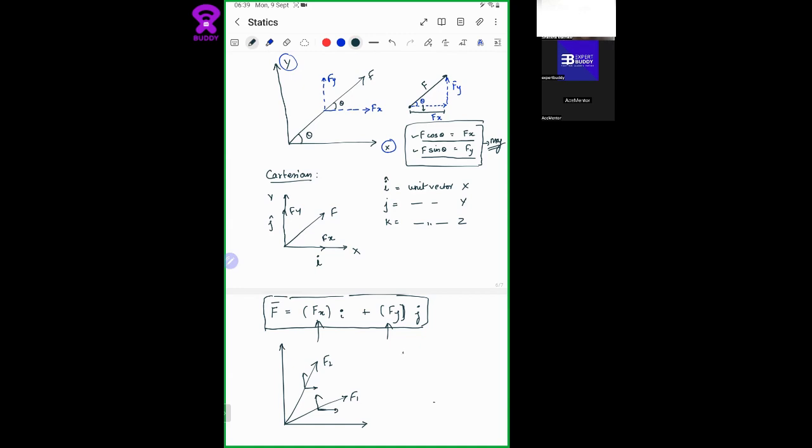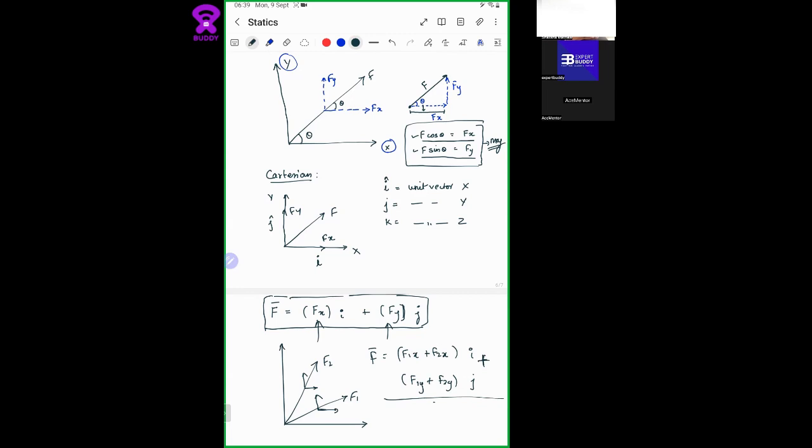What I was talking about is F1x plus F2x will be i, then again F1y plus F2y will be j. So F bar will be expressed as this one plus this one. This is the total vector.